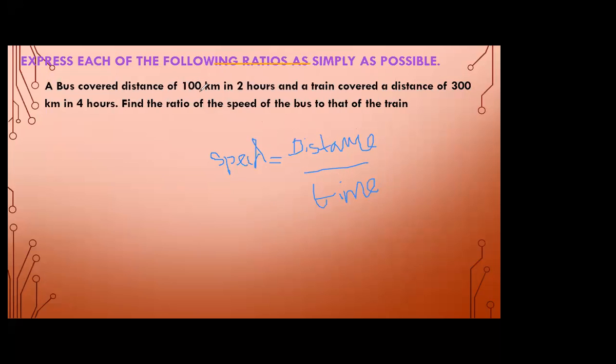So here the distance covered by the bus is 100. So I can write here 100. And what is the time given? In 2 hours. So I can write 2 in the denominator. So I get 100 upon 2. In the same way, I can write 300 upon 4.